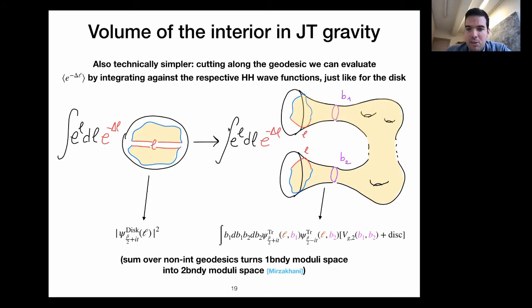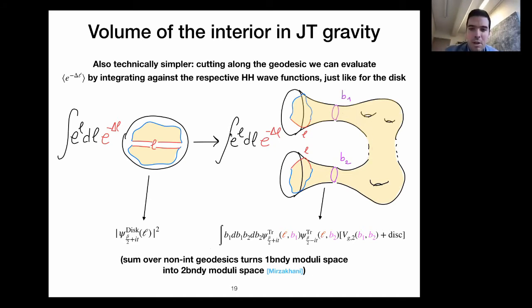because if you remember, there was a sum over all geodesics, and the way you get to this formula is that you use a relation derived by Mirzakhani to get the recursion relations, which essentially relates the sum over the non-intersecting geodesics with one boundary moduli space to the moduli space of this surface.